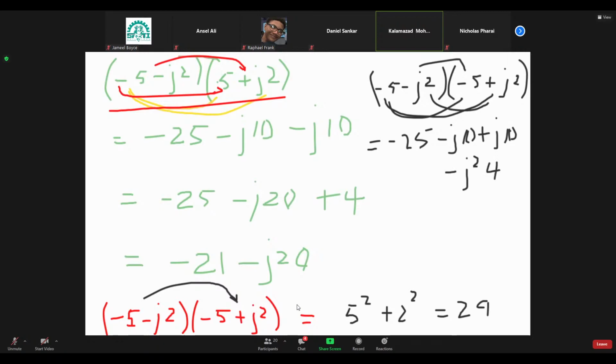This will be plus 25, sorry. Minus 5 by minus 5 is plus 25. Then minus 5 by j2 gives minus j10, and in here we get plus j10. See, the middle terms disappear? And then here we get minus j squared 4, so plus 4, which is 29. Everybody understand that, right? So you understand the conjugate as well.